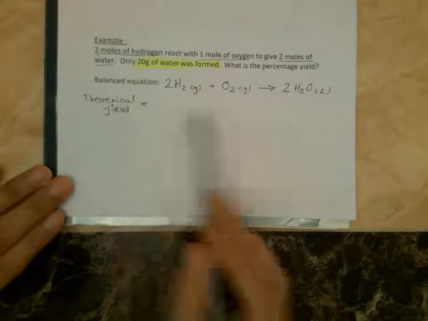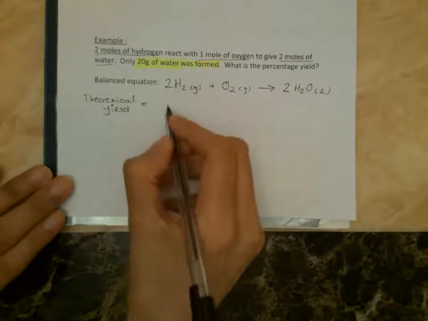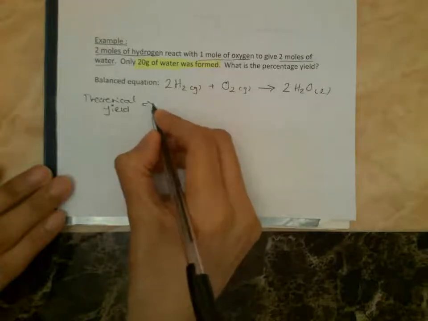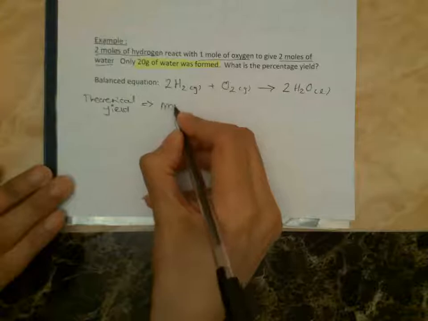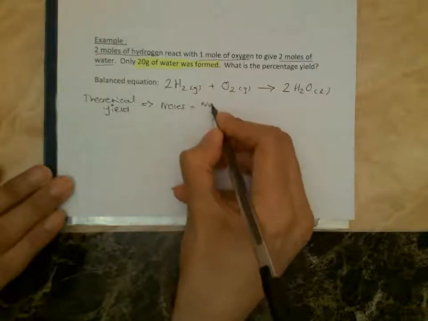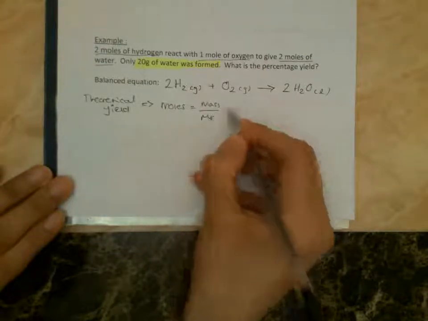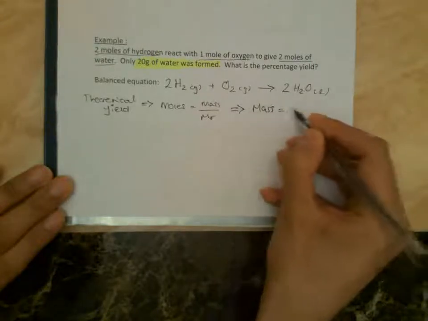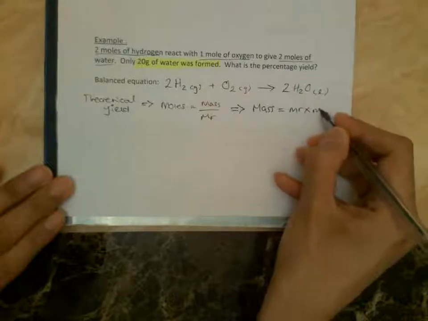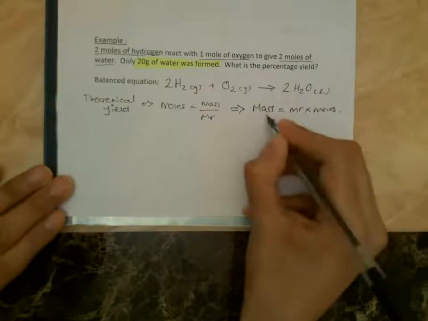So let's say the theoretical yield or amount would be equal to, we'd have to use the equation moles equals mass over Mr. And then we'd rearrange that to find the mass. So mass equals Mr times the moles.